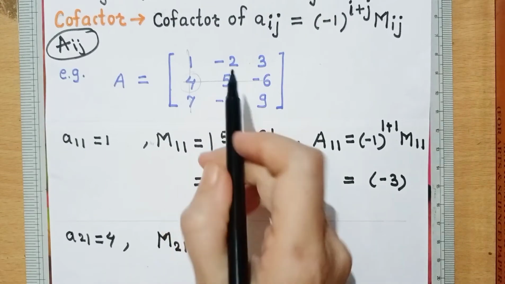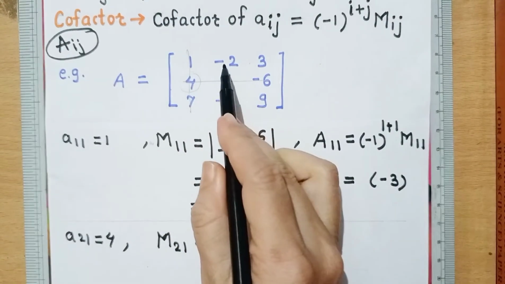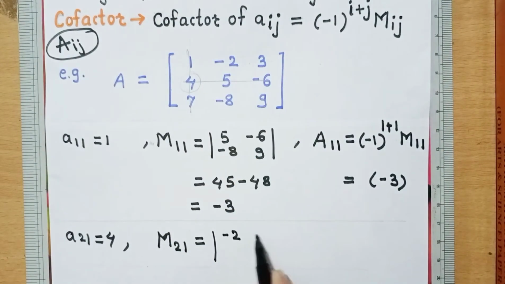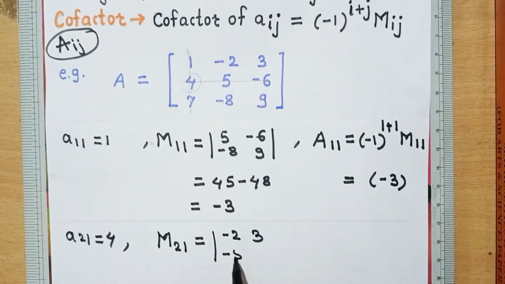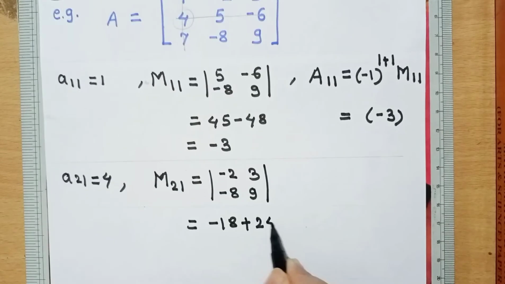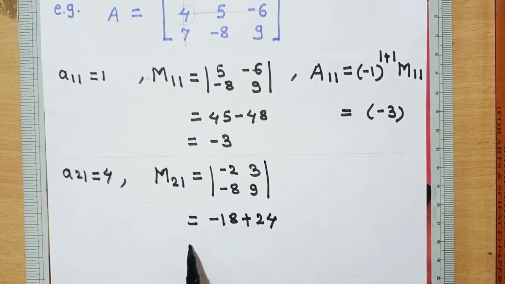So what is remaining now? So here -2 3, and here downside -8 9. Now simplify. So this is -18 and +24, and so this is equal to 6.